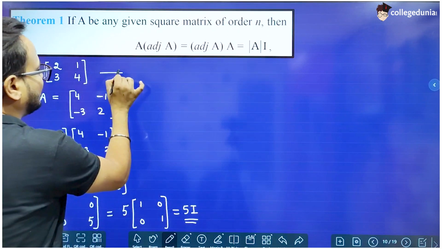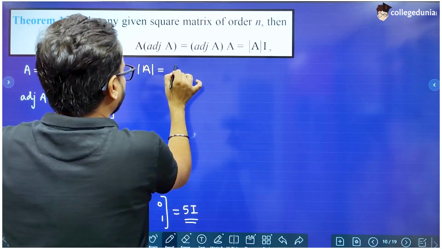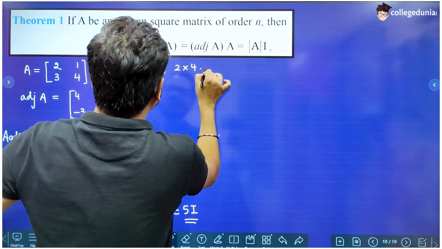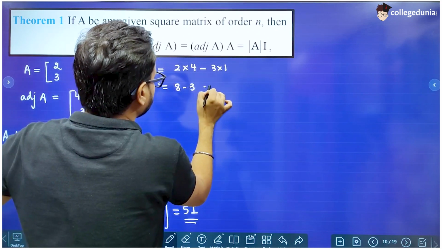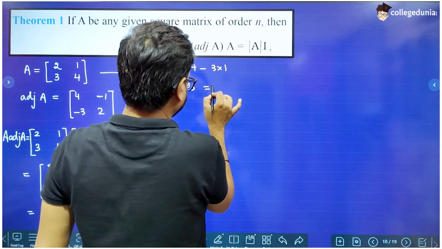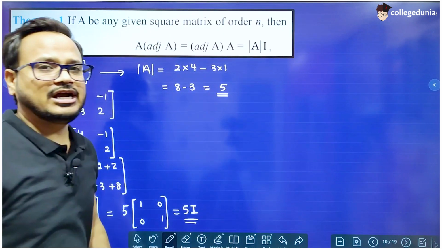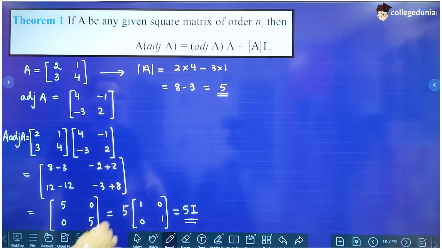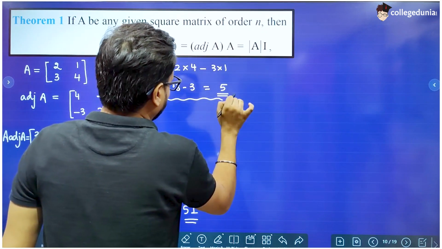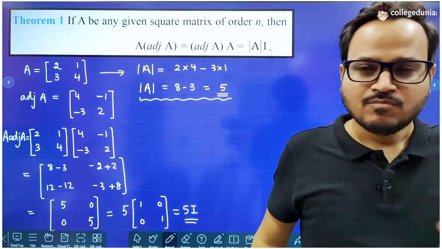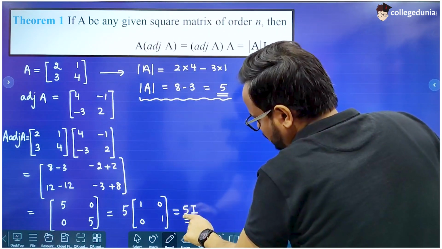Now let's find the determinant. Determinant value of A is 2 into 4 minus 3 into 1, which is 8 minus 3, which is 5. Now this is 5 and that is also 5.